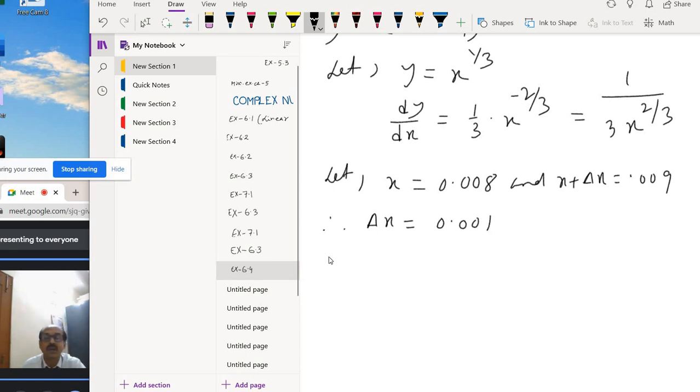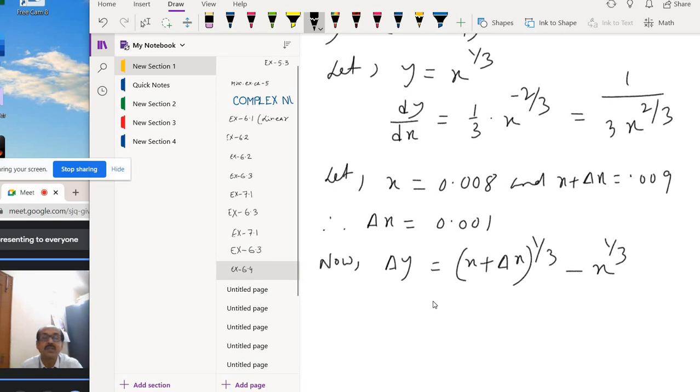Now delta y is equal to (x plus delta x) to the power 1/3 minus x to the power 1/3.